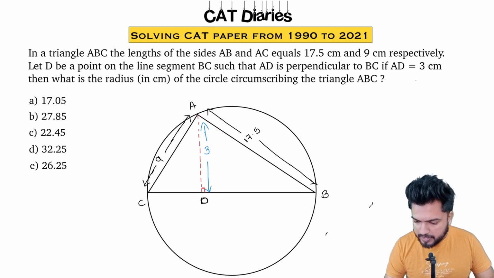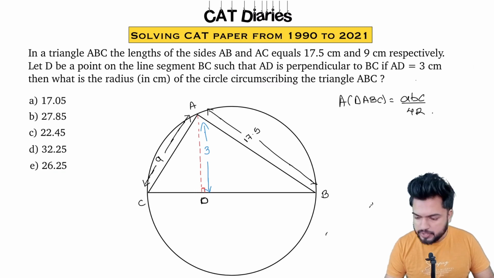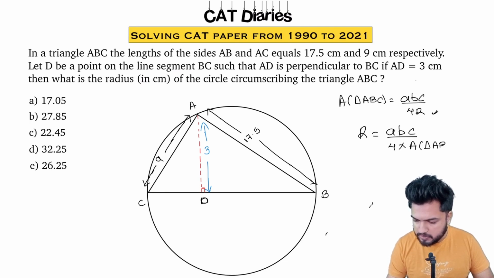So area of triangle ABC is equal to ABC upon 4R. I need to find out circumradius, so let's keep this R here. R is equal to A into B into C upon 4 into area of triangle ABC. Okay, it could be written in this way as well.